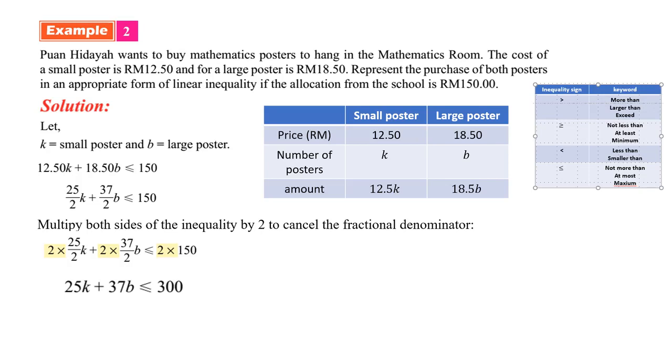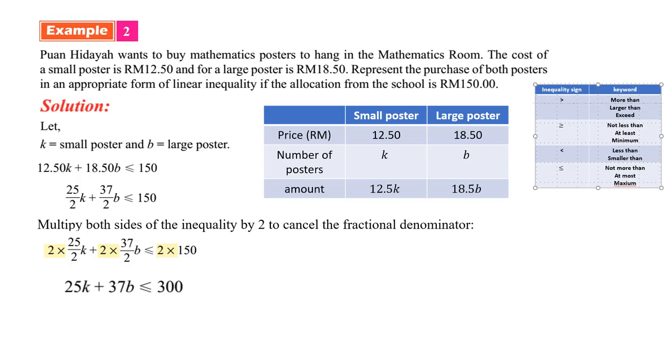And we know that 12.5 can be written as 25 over 2 and 18.5 can be written as 37 over 2. If the inequality is in fractions or decimals, we have to change it to whole numbers.